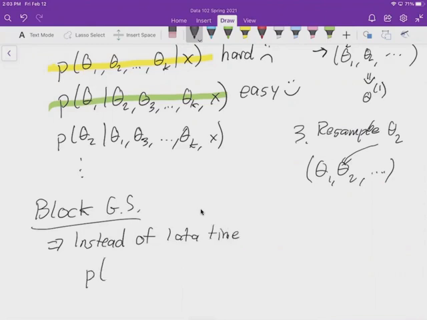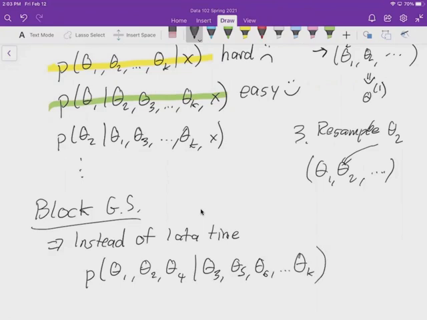Maybe, and this only works in cases where this is easy, instead of computing theta 1 given all of these, maybe it's easy to do theta 1, theta 2, and theta 4, given theta 3, theta 5, 6, all the way through k, right? And then maybe the next time around, it's easy to do 3, 7, and 10. And then the next time it's easy to do 4, 6.